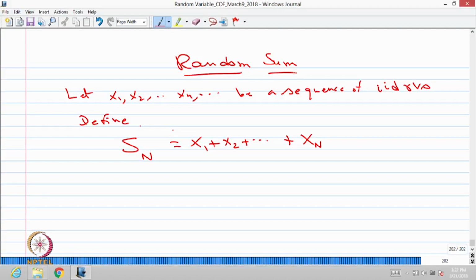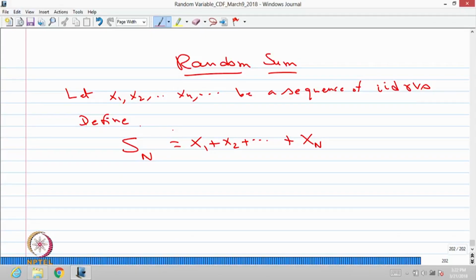I am going to define the random sum with the sequence of IID random variables, defining a random variable S suffix N as a sum of N random variables.